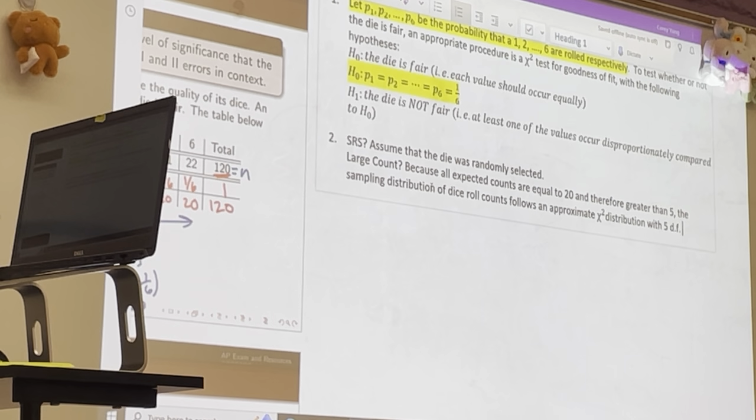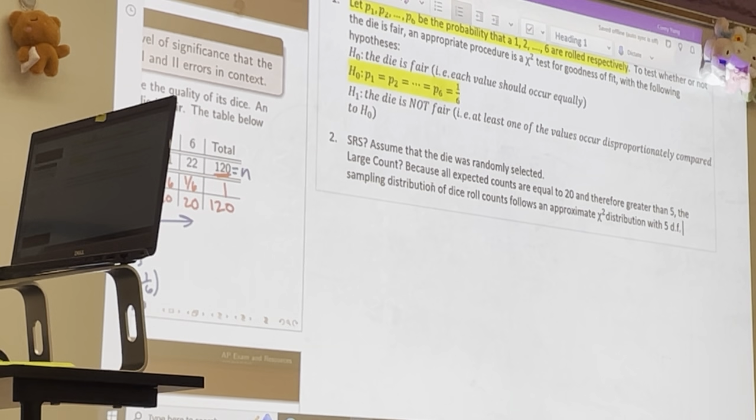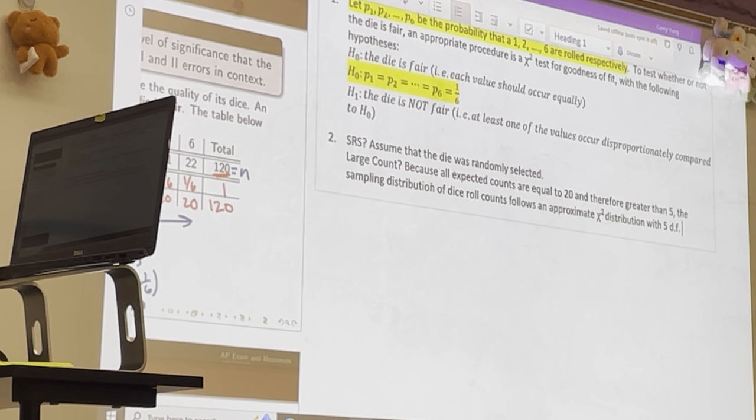And just so you guys are aware, on the AP test, if you're given a chi-square problem like this, you do have to state what the expected counts are. You can't just say, oh yeah, trust me, I checked the expected counts. You do have to write a table to say these are the expected counts, so that they can verify that they're all greater than 5.